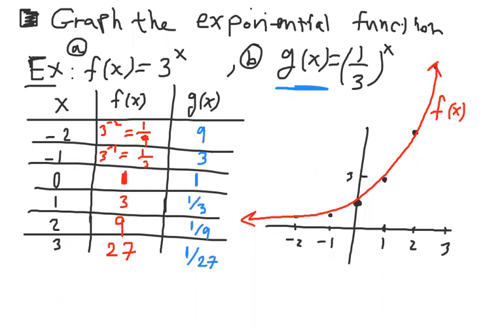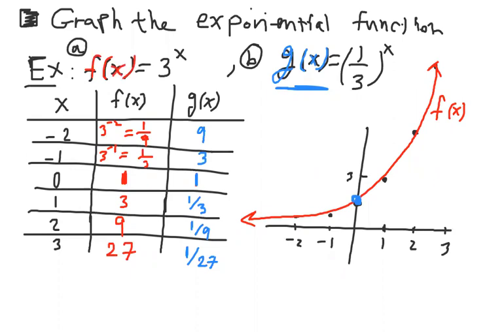Now the graphing of the function g of x, the same thing. At 0 it is 1. So we're graphing this function g of x. I gave a blue color for g of x and a red color for f of x.